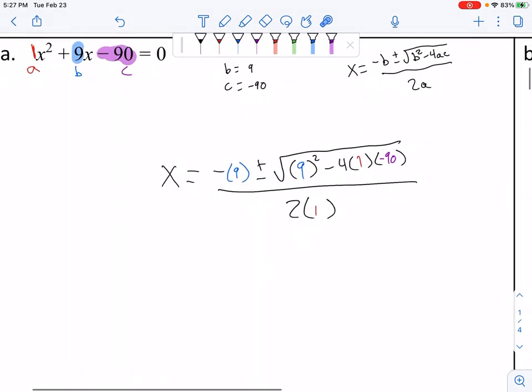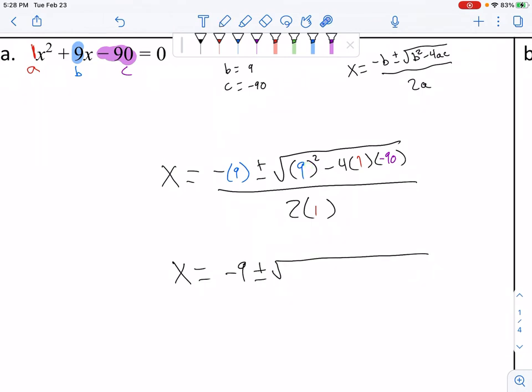The next thing we're going to do is start evaluating this. There are certain parts of it we can evaluate. We're going to work through the order of operations. If you want to, you can apply this negative to the 9. It means the opposite. This is the opposite of positive 9, which means I just have a negative 9 here, plus or minus the square root.